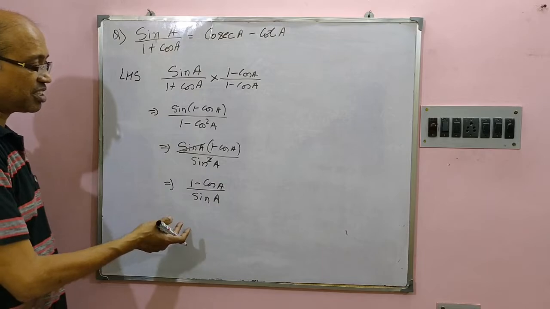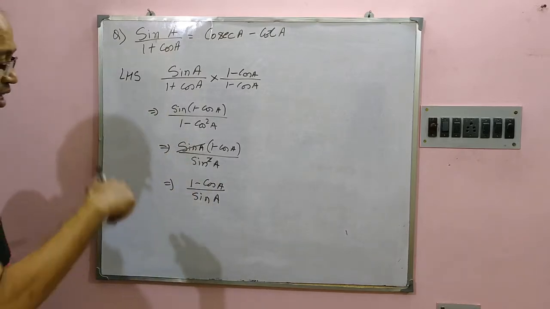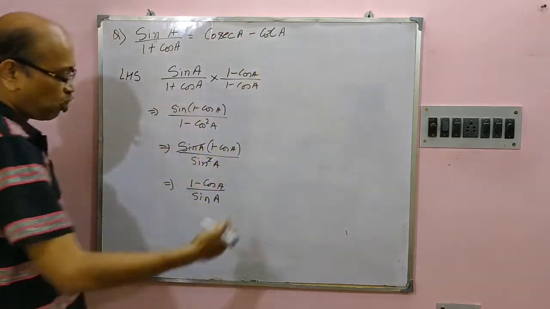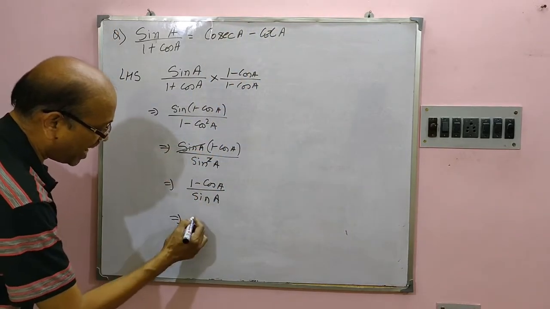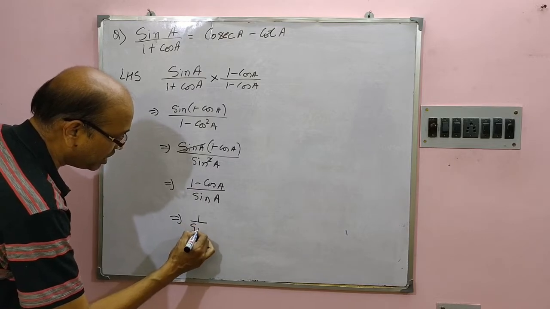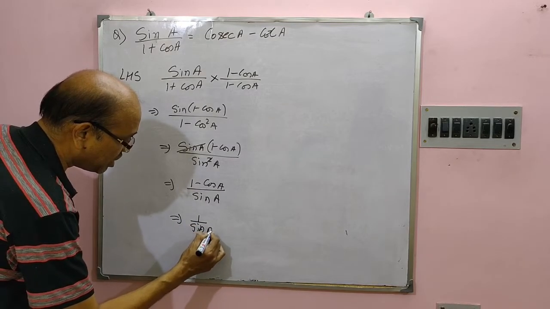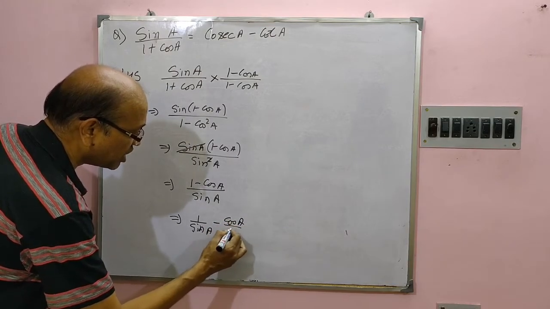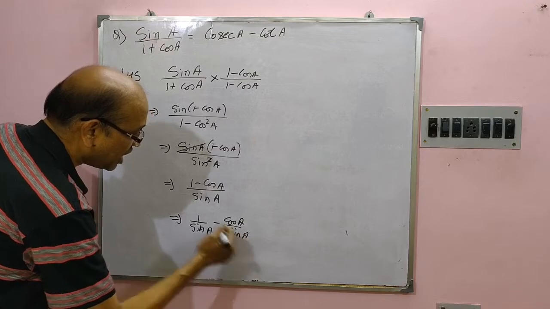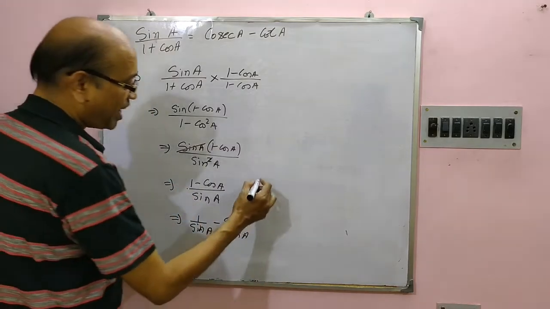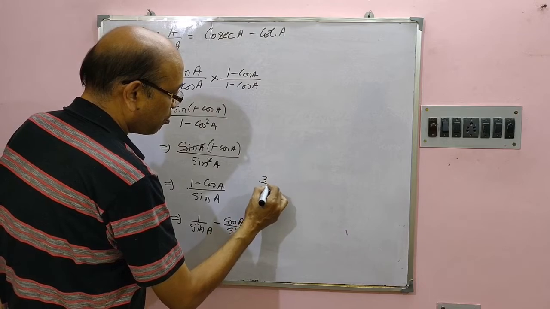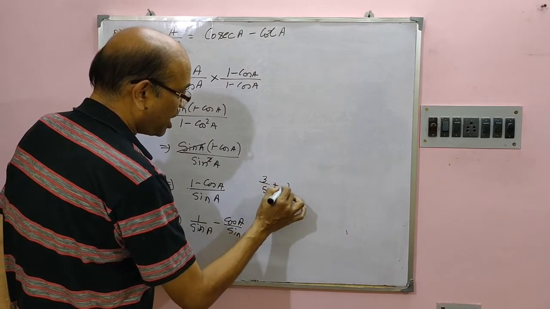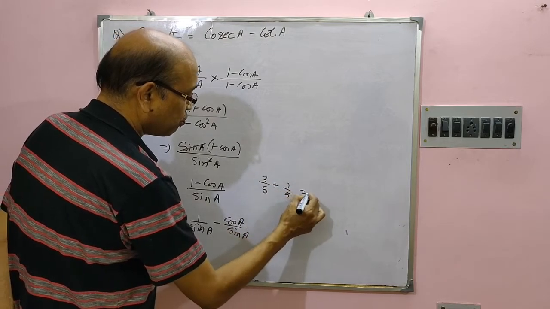This was the same as what we have done in the previous numerical. Now my right hand side says cosecant A minus cot A. So can I write this as 1 by sin A minus cos A by sin A? Can we write this? Like in a fraction, 3 by 5 plus 1 by 5 is equals to 4 by 5.